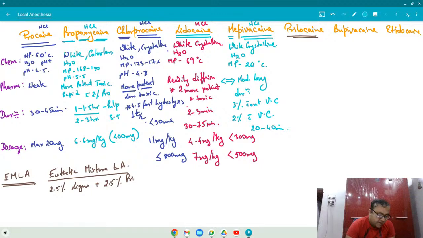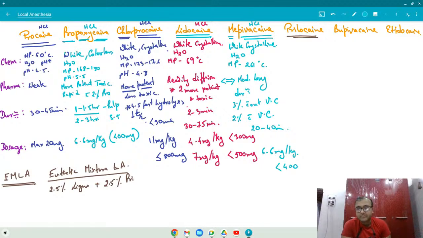In case there is no vasoconstrictor, the maximum dose is once again 6.6 milligram per kg, not to exceed 400. Where did we learn this? We learned it in the case of propoxycaine.